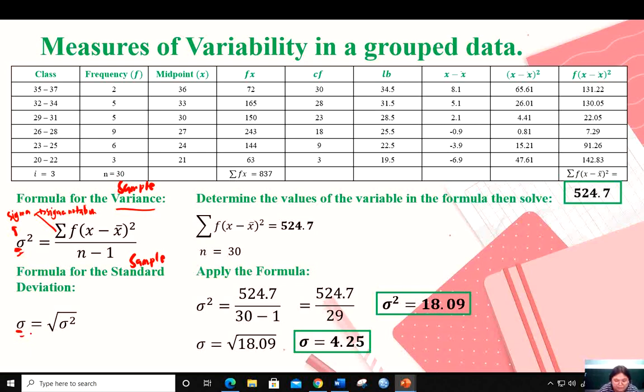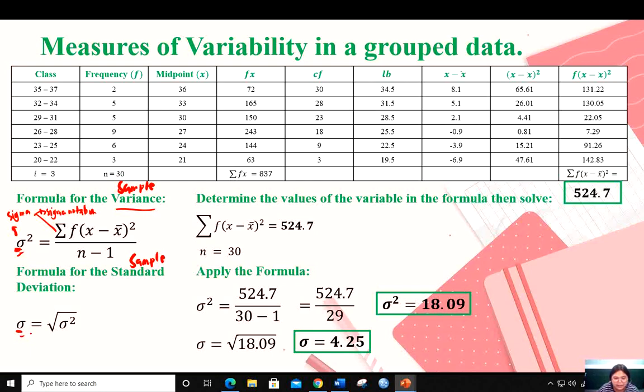So ibig sabihin, yung average ng data natin, the average of the difference of our data from the mean is 4.25. Okay, tingin tayo sa variance, 18.09. Okay, so ibig sabihin, malaki yung value ng variance natin.